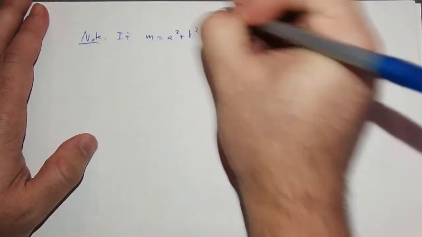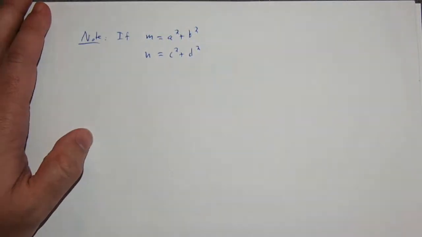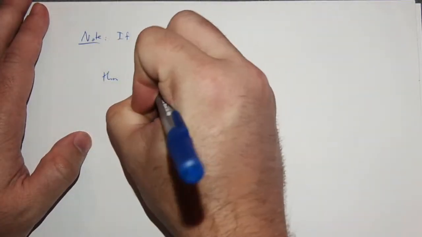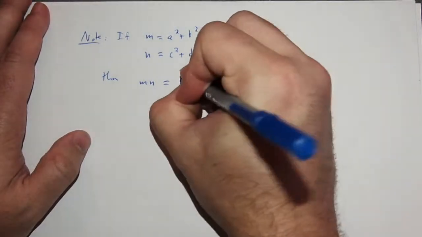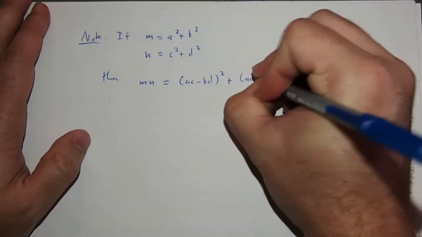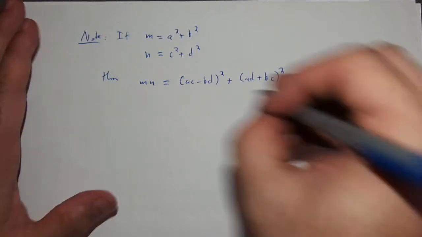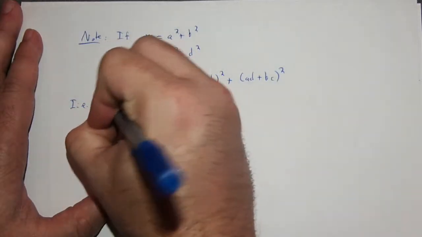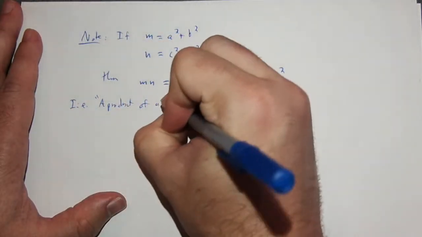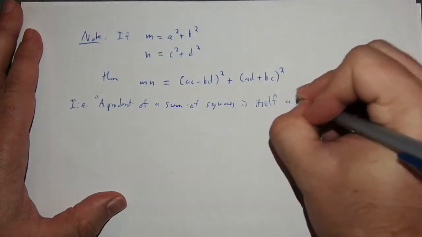So note, if m is some integer that is a sum of 2 squares, and n is some other integer that's the sum of 2 squares, then m times n is actually (ac minus bd) squared plus (ad plus bc) squared, i.e. a product of a sum of squares is itself a sum of squares.